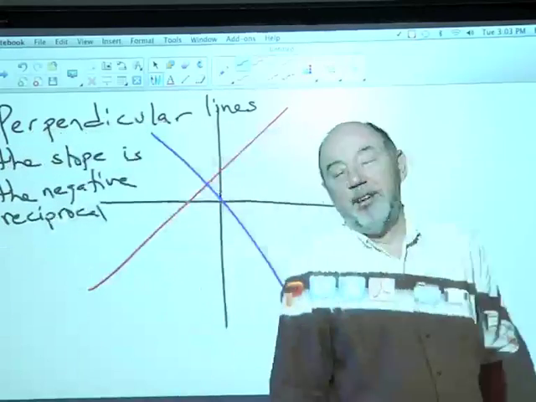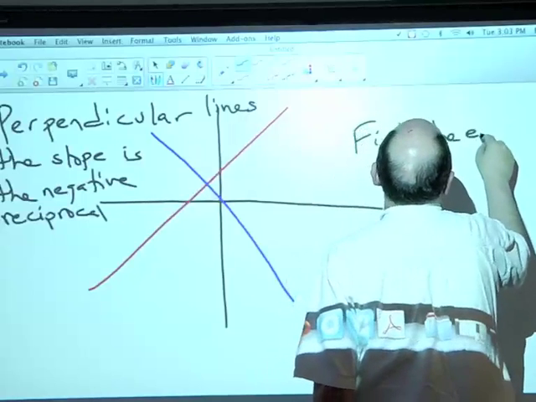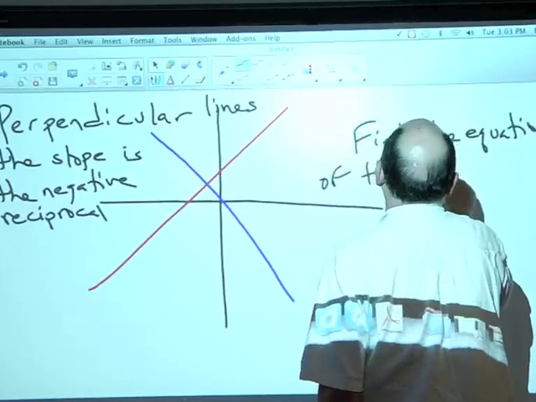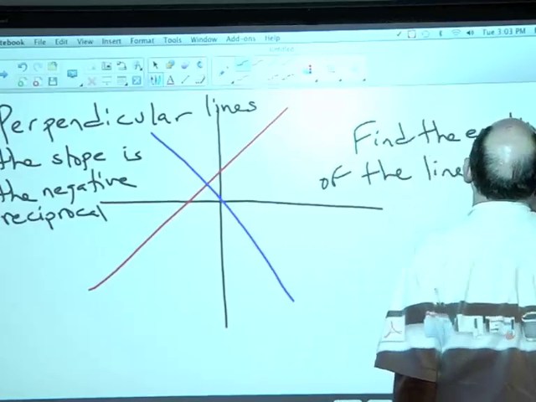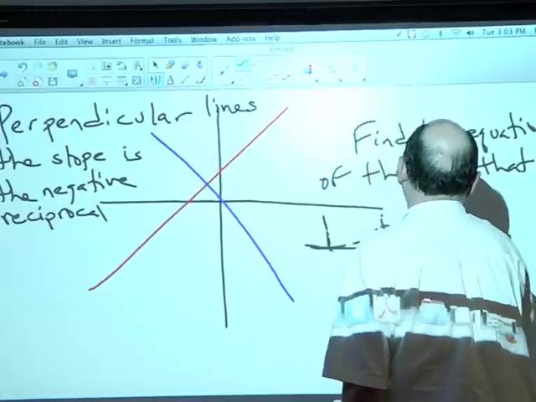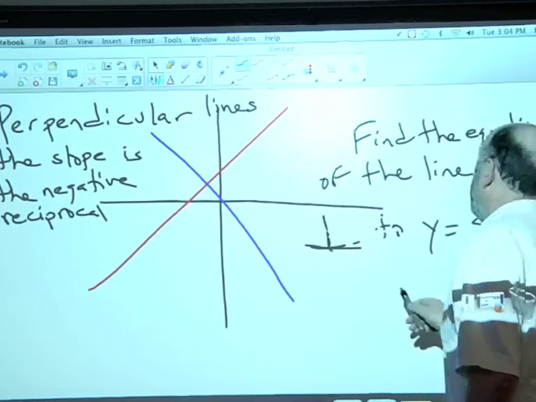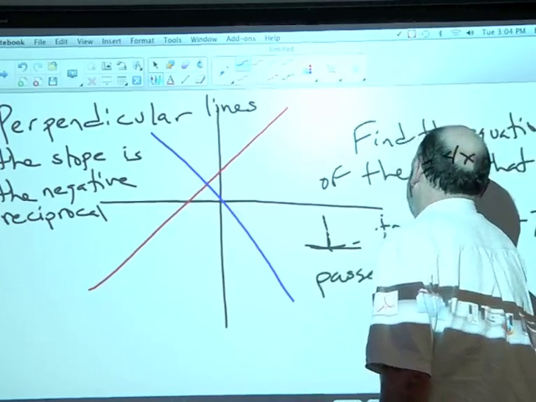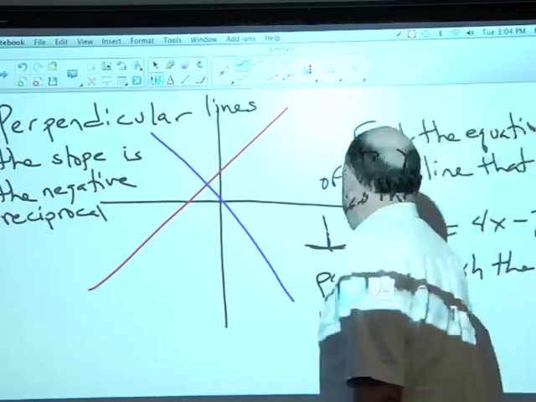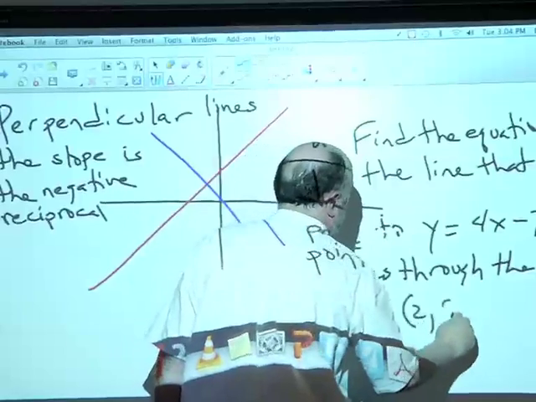So, for example, I want to find the equation of the line that is perpendicular to y equals 4x minus 7 and passes through the point 2, 5.